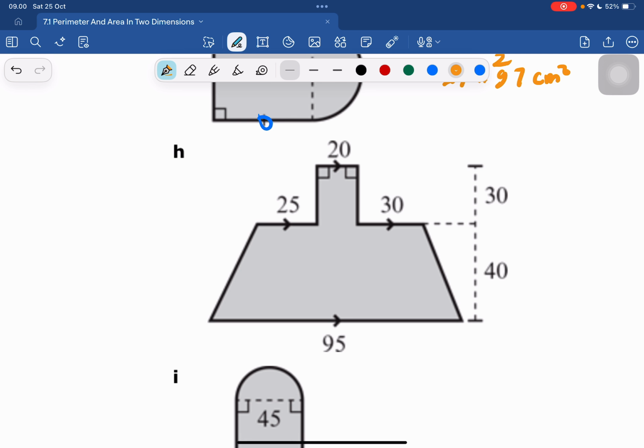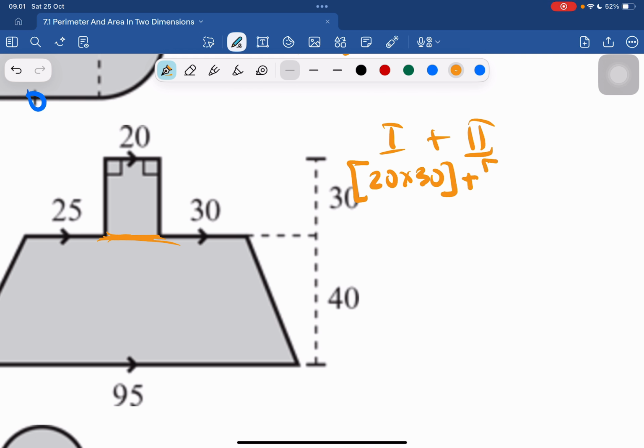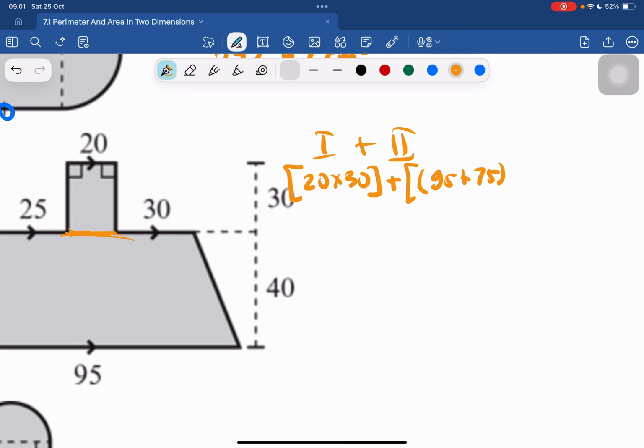Next, what area can we find from here? Okay, first this area. Okay, so 20 and 30. So first area plus second area. So first area is 20 times 30. Second area is the trapezium. So the sum is 95 plus 75 times the height is 40, and we divide it by 2.